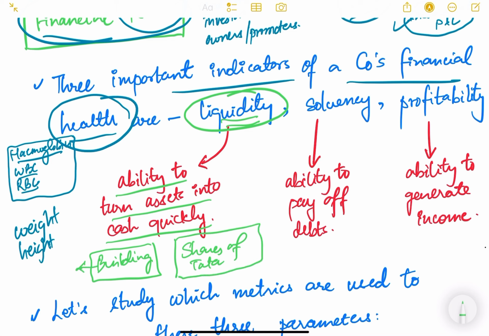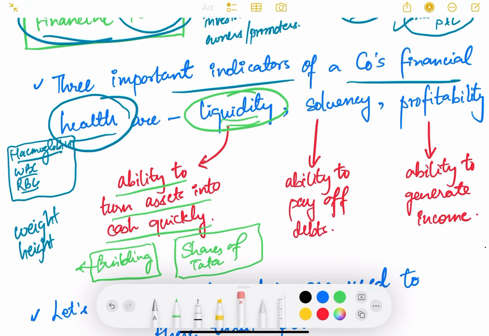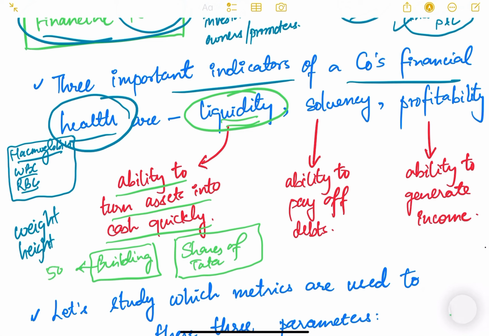Say the market value of the building is 50 lakh rupees, and he holds Tata shares worth 25 lakh rupees.